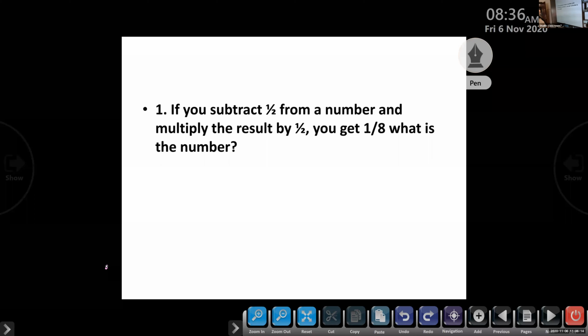Did all of you write it? No, ma'am. If you subtract 1 by 2 from a number and multiply the result by half, you get 1 by 8. What is the number?